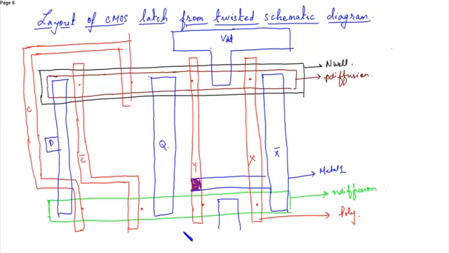This is nothing but the source part. This is ground. Now this X is connected over here and over here.